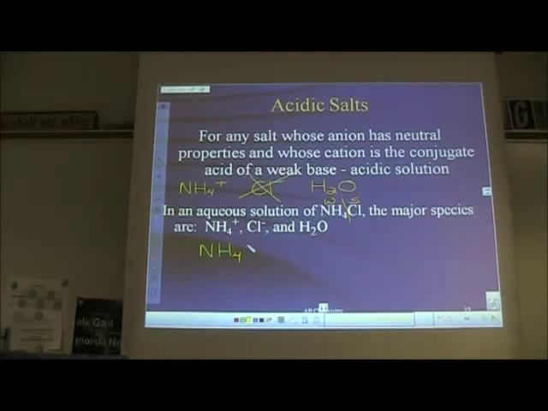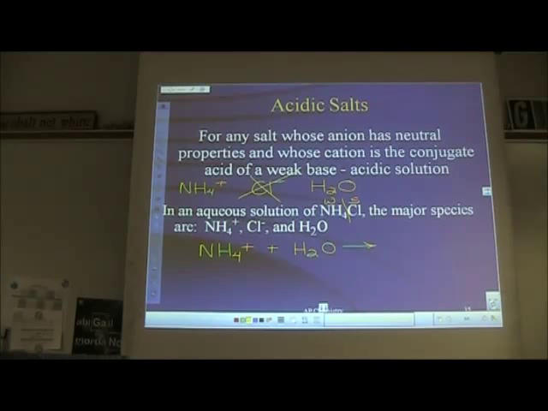So let's think about what our reaction is going to be. Cations form bases. Question? So how are you able to decide that like NH4 is weak? Because if I say cations form bases, what base do we know that looks like this? NH3, ammonia.